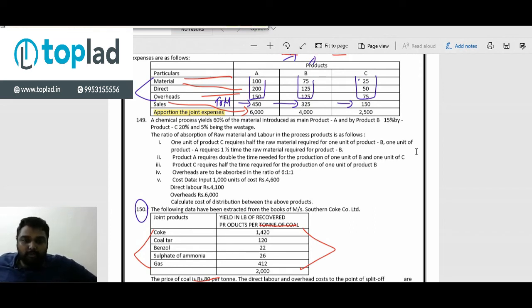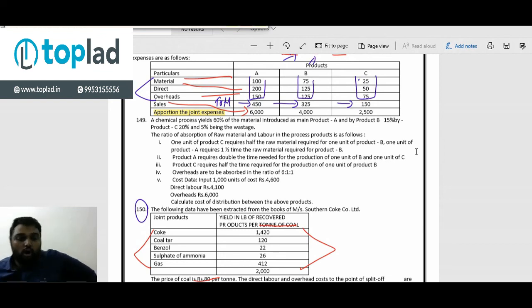The process yields 60% of main product A, 15% of B, and 20% of C. Wastage is fine. The ratio of absorption of raw material and labor is given in the question itself. 1 unit of C requires half the raw material required for 1 unit of B. 1 unit of A requires 1.5 times the raw material required for B. Product A requires double the time needed for production of 1 unit of B and 1 unit of C. Product C requires half the time required for production of 1 unit of B. Overheads are to be absorbed in the ratio of 6:1:5.